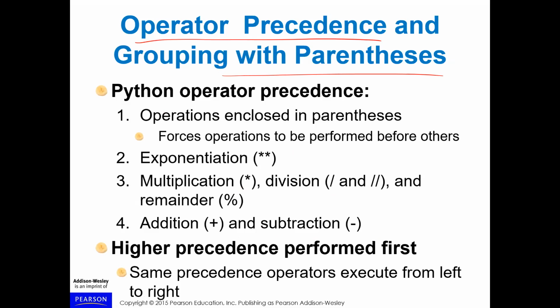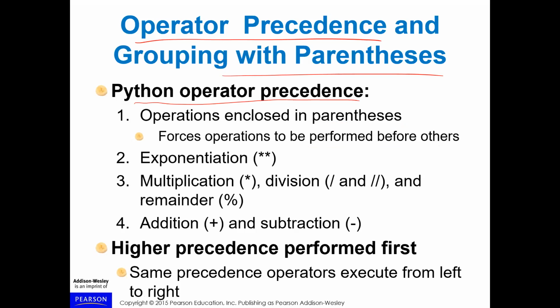So let's talk a little bit about, and this is very common to all programming languages, Python operator precedence. Operations enclosed in parentheses are forced to be performed before others. So anything in parentheses will be performed first. Then after that, exponentiation will be performed.